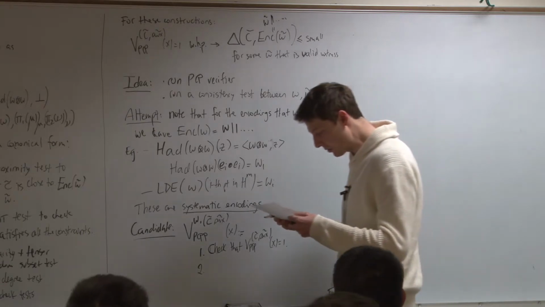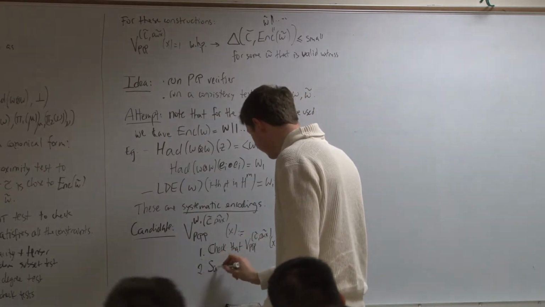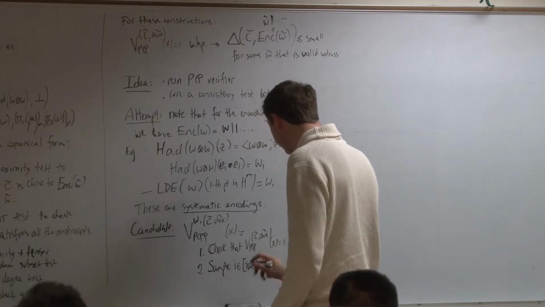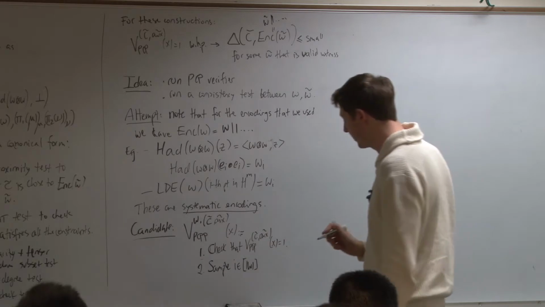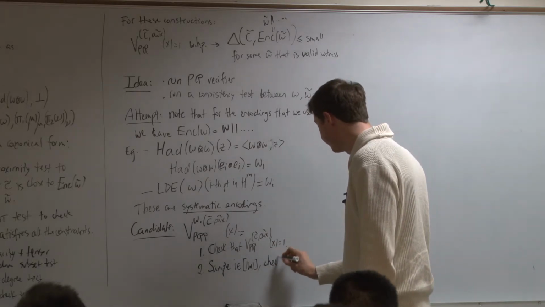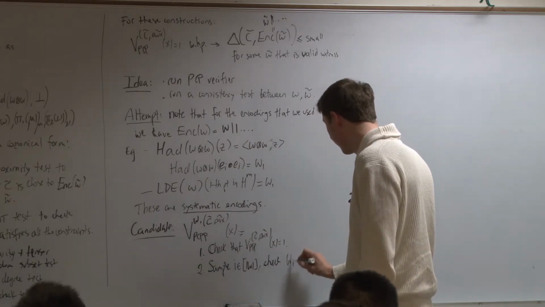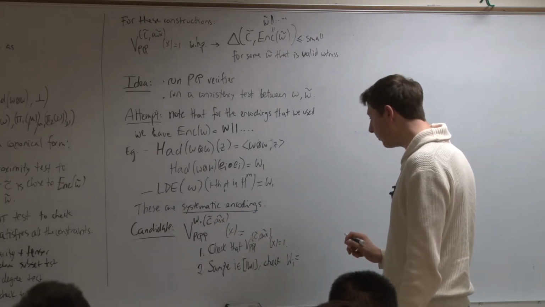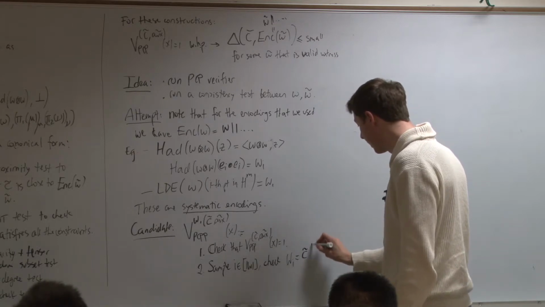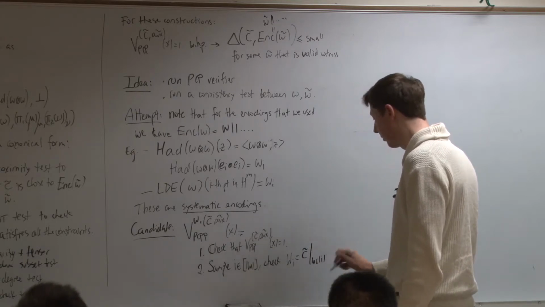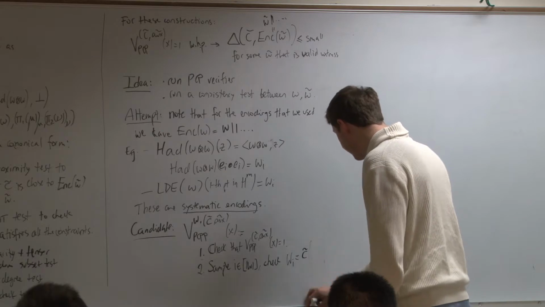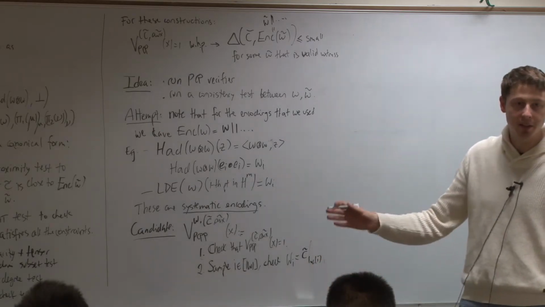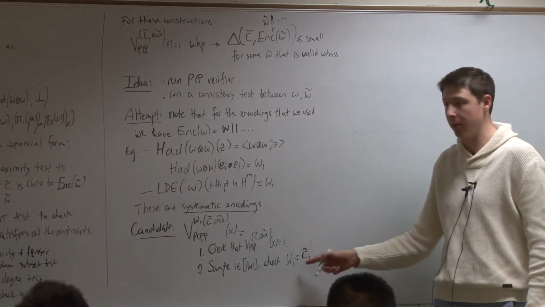So sample i from 1 to whatever is the length of the witness, and check that W_i, so that's one query to W, equals C tilde at location i. When I say location I just mean whatever index you should be looking at if you expect to see W_i at that location.